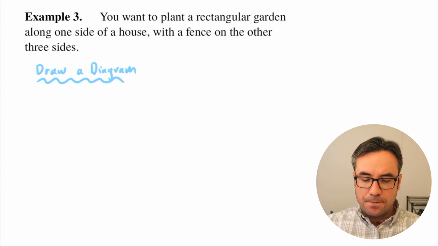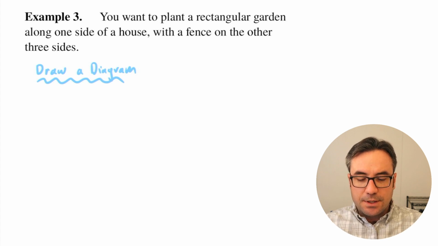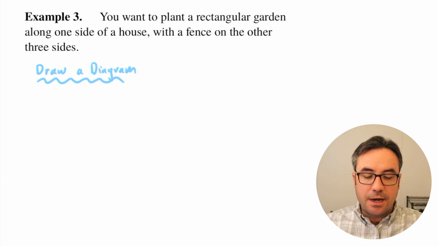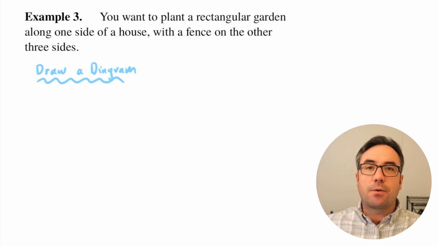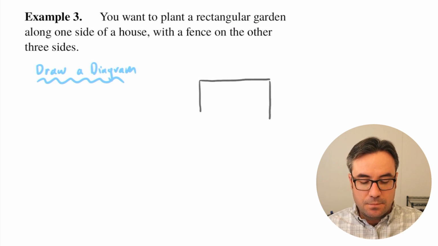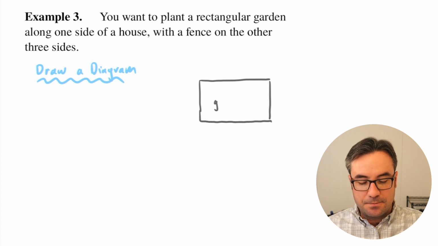All right, so we're building a rectangular garden. So let's go through the geometric description of what's happening. We're building a rectangular garden. So let's draw a rectangle. All right, there it is. There's our nice garden.